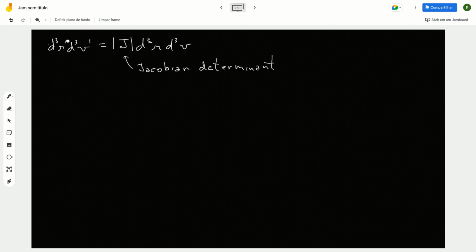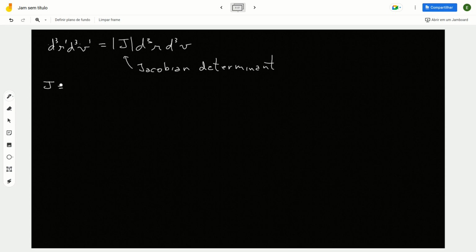So if you deform a shape of an element by some function, then this is the Jacobian of the function times the original volume. It may be expressed like this.